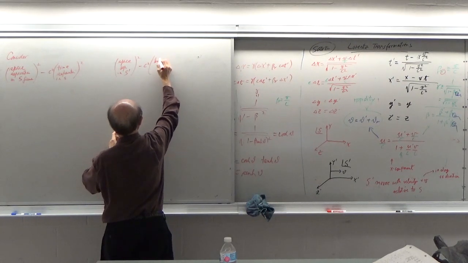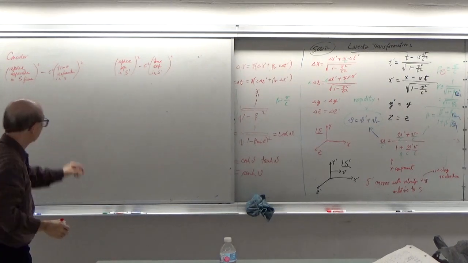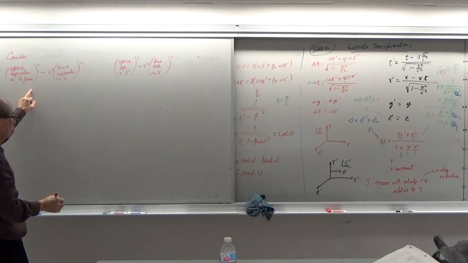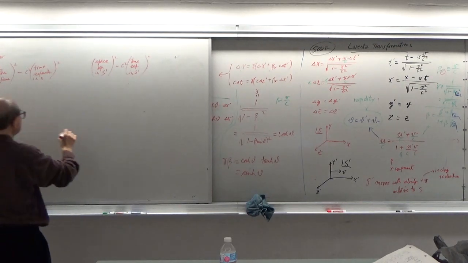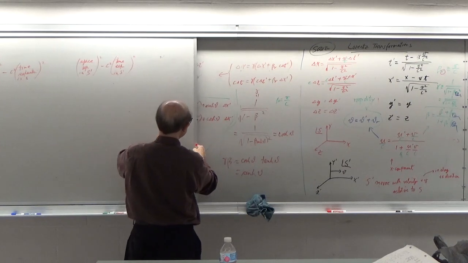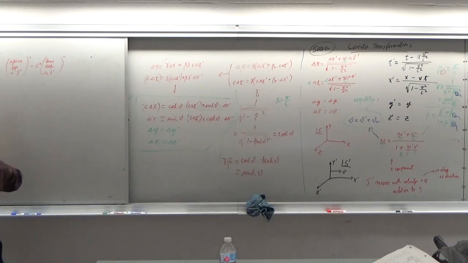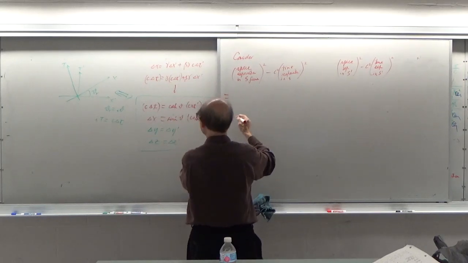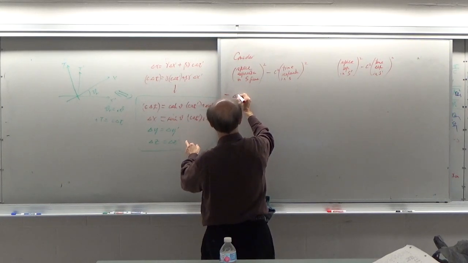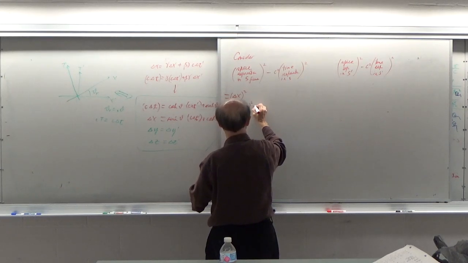Time separation in S prime squared. I'm going to compare these two. And let me start with this. In S frame, this is equal to delta x squared plus delta y squared plus delta z squared.